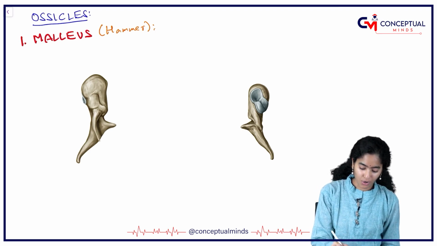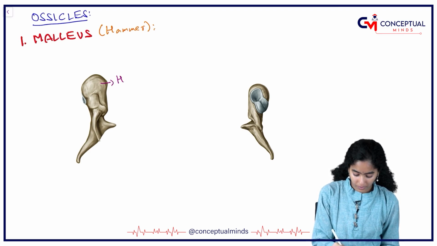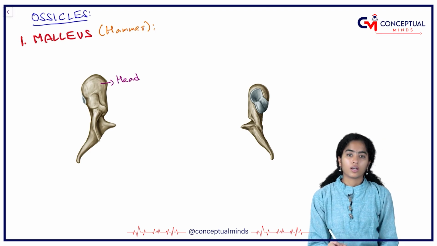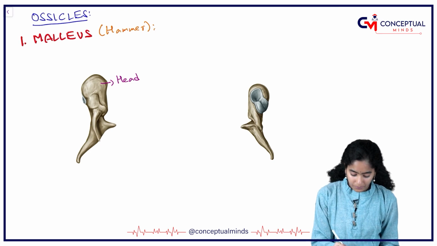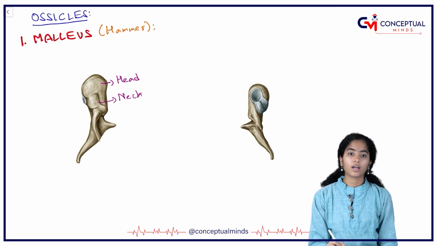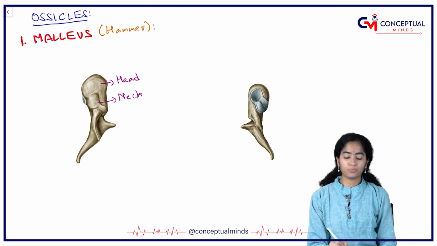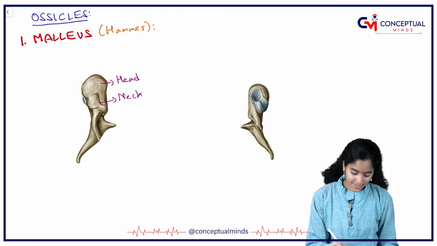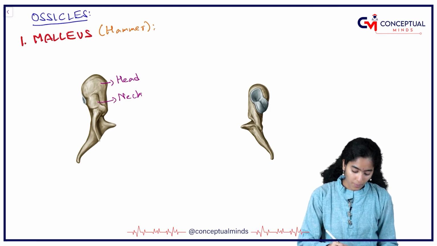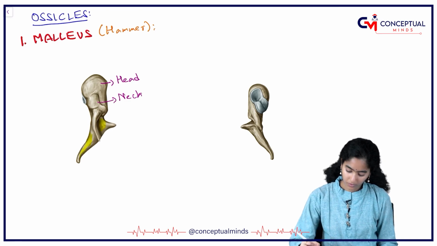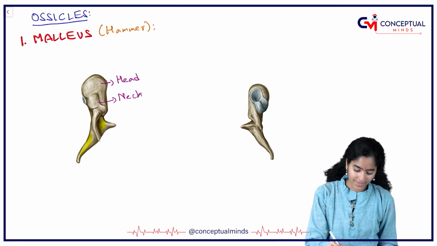The malleus consists of a head, a neck, and one handle that is known as the manubrium. This is the handle or manubrium of the malleus.